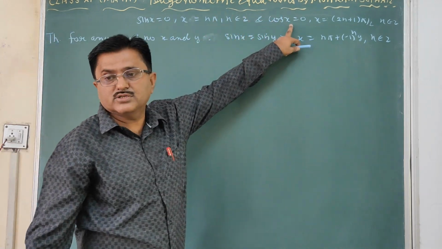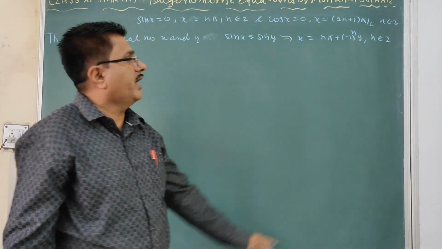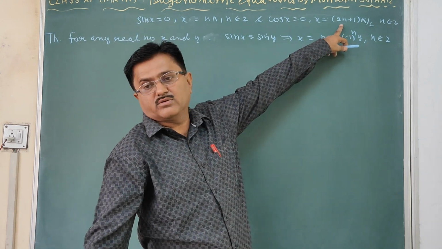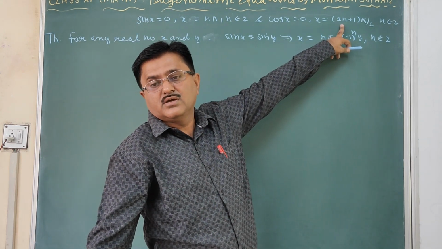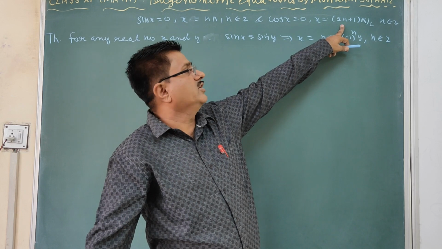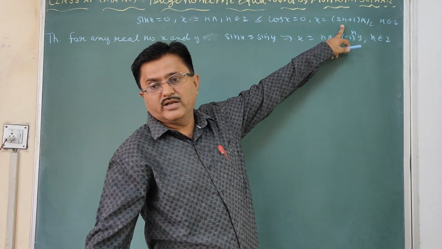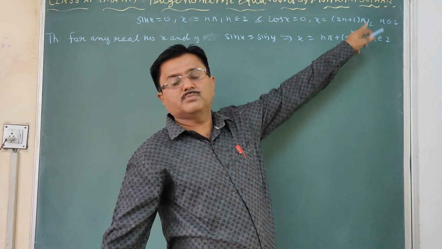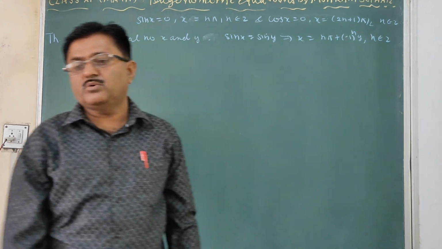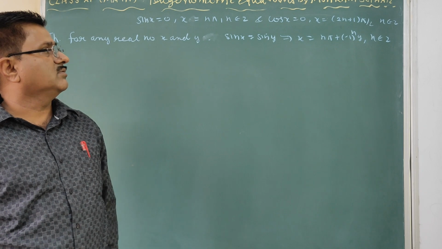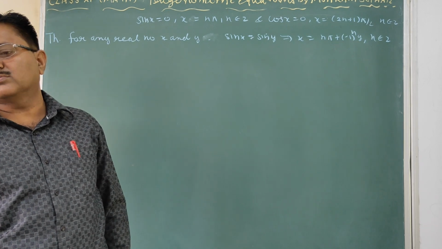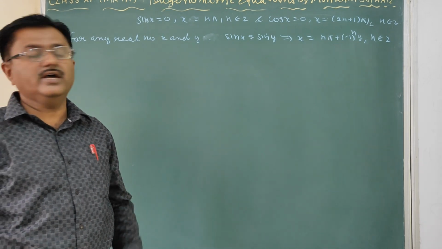And value of cos x equal to 0 when x is odd multiple of pi by 2. Odd multiple of pi by 2 means 1 into pi by 2, 3 into pi by 2, 5 into pi by 2, 7 into pi by 2, or minus 1 into pi by 2, minus 3 pi by 2. So at these values of x, the value of cos will be 0. Clear?